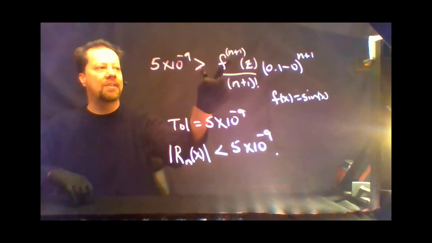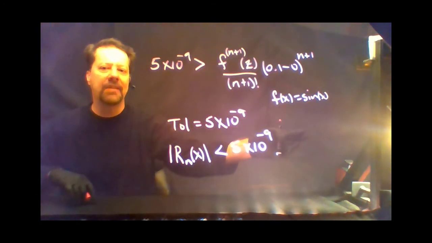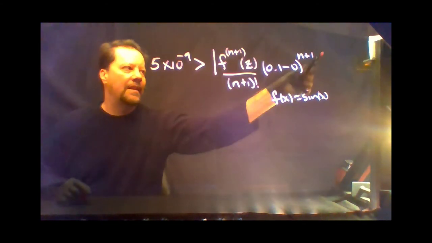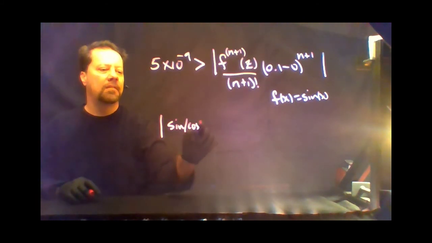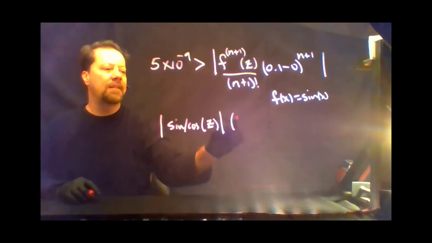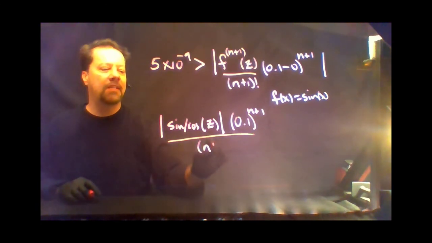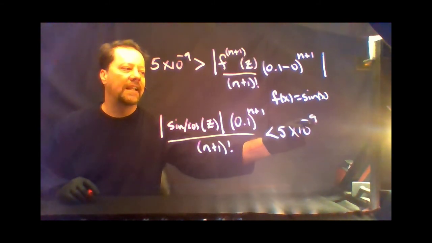We don't know the value of n, so we don't know if we have plus or minus sine or plus or minus cosine. We want this to be an absolute value, and so we want either sine or cosine of z, whatever that z is, times 0.1 to the n plus 1 divided by n plus 1 factorial to be smaller than 5 times 10 to the negative 9.